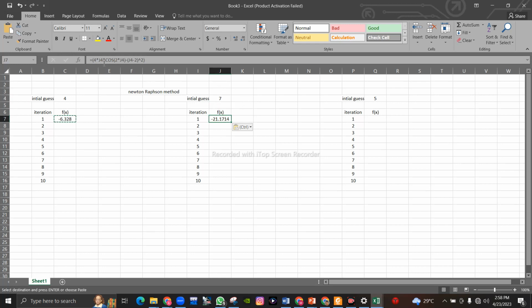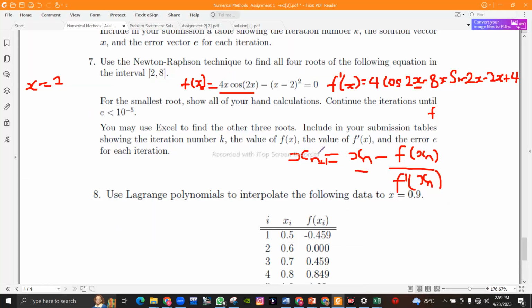It's using J4, so it's correct. So let's do it for this too. Let's copy this, Control C, and then Control V. So the same thing happens to that. We can highlight it down because that's the same formula we use all through. The next thing is we need the value for f prime of x.